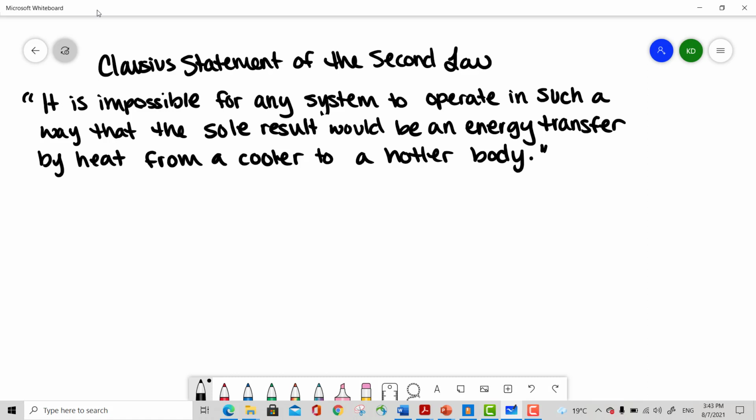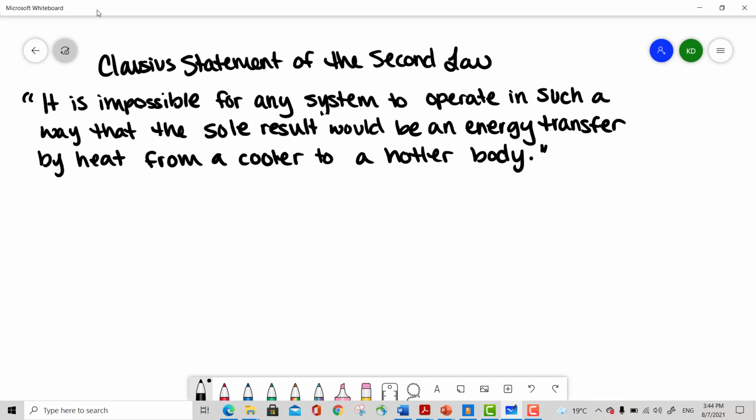You could say, but we all have refrigerators, or an AC, that's another one. But what he is saying is that it is impossible for any system to operate in such a way that the sole result, that's the difference, the sole result would be an energy transfer by heat from a cooler to a hotter body. So what do we need for both that AC and refrigerator to run?